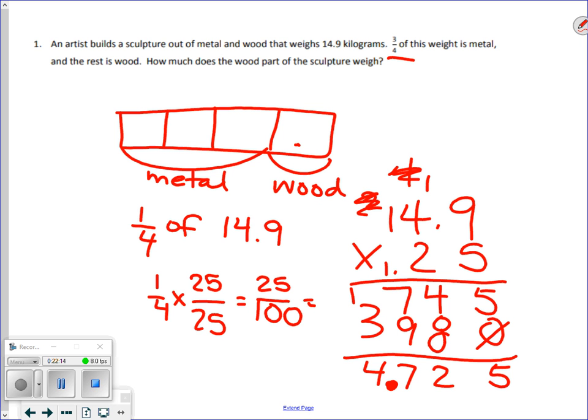So you had it right. I had it right. I didn't do my decimal. 4 and kilograms. So each unit is that.